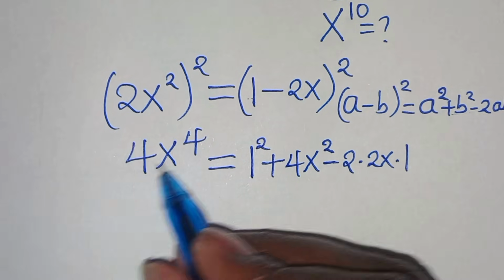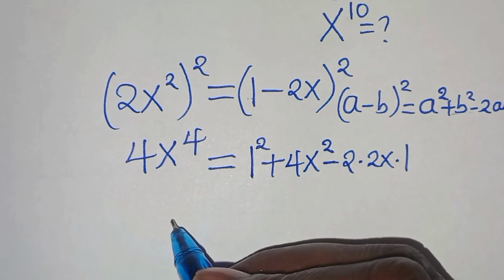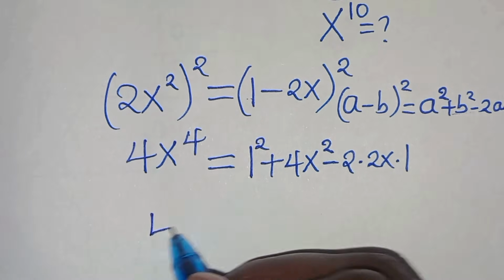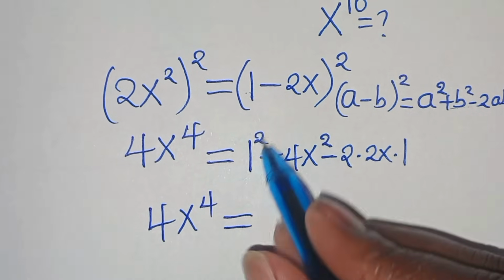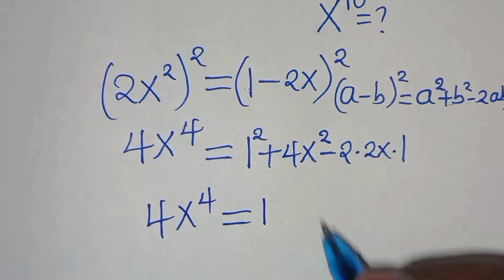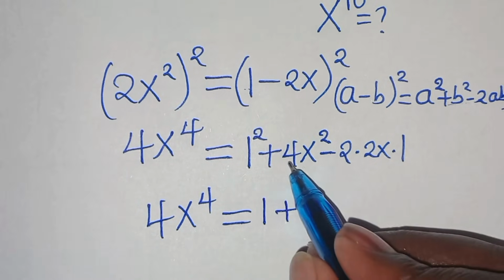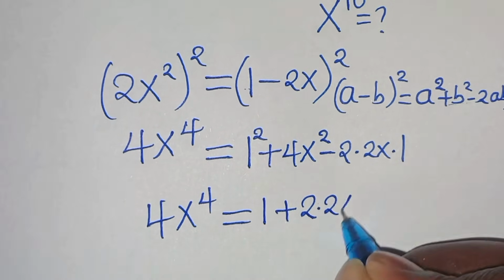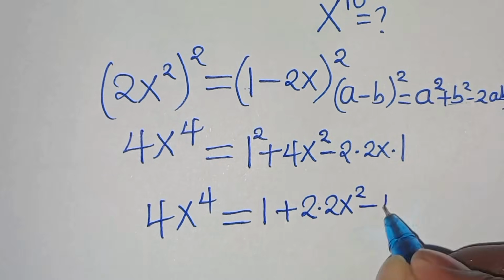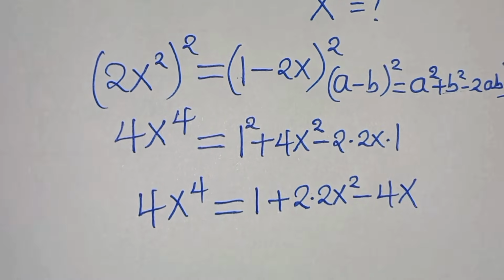So we can express this as 4x to the power of 4 equal to 1 to the power of 2, which is 1. Then plus, we can express 4x to the power of 2 as 2 times 2x to the power of 2, then minus 4x.